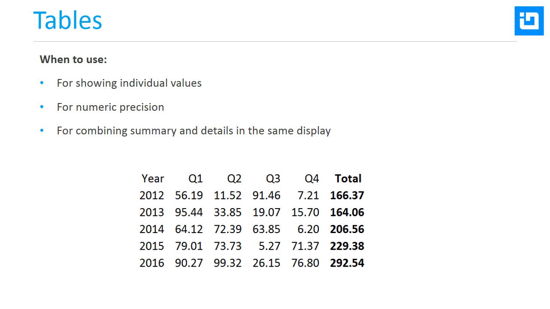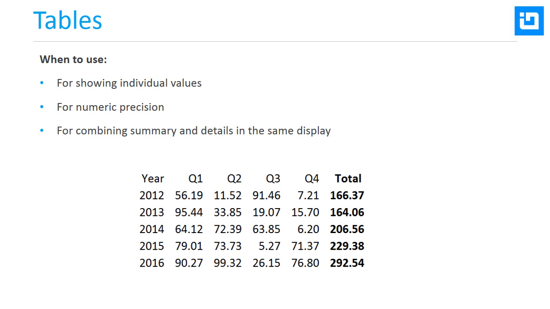Now that we talked about charts, let's talk about the other component that is critical for dashboards, and those are tables. We want to use tables when it's important to show individual values. So sparklines is one extreme where we cannot really read individual values, but we are more interested in the overall pattern of all the values together.